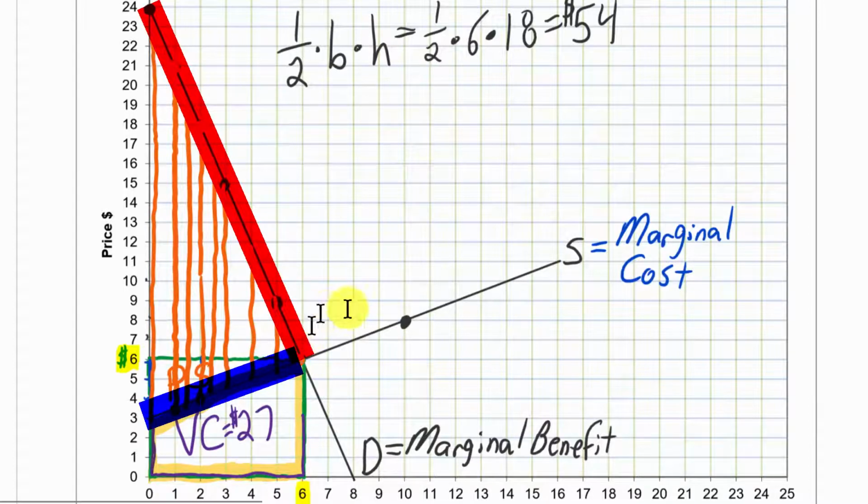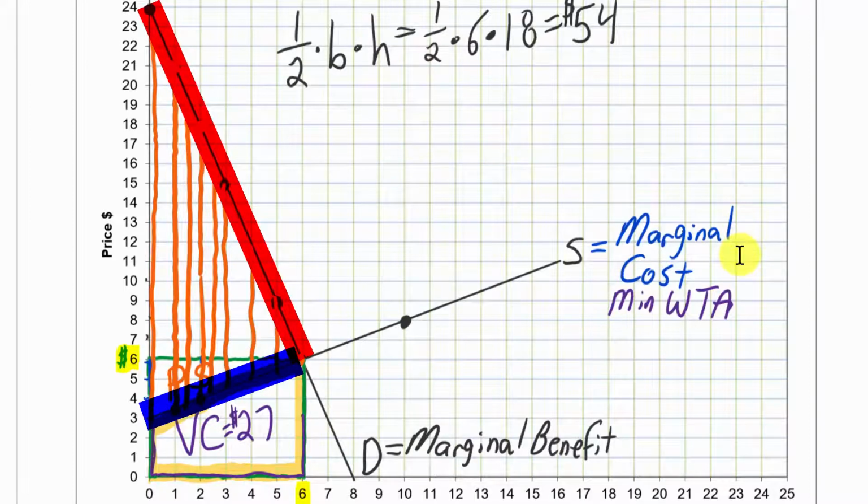Because this marginal cost, in addition to being the additional cost the business has to pay to produce it, is also what we call the minimum the business would be willing to accept in exchange for selling that box of cookies. The minimum WTA, or willingness to accept.